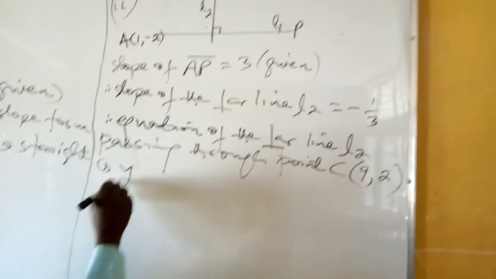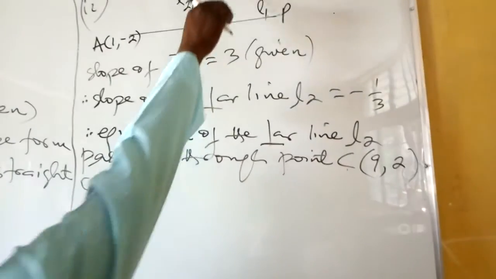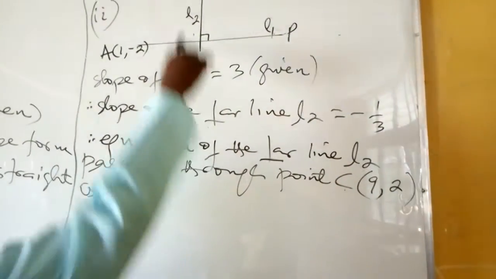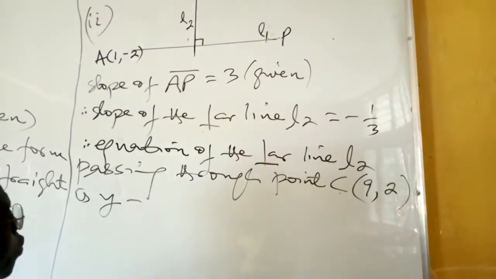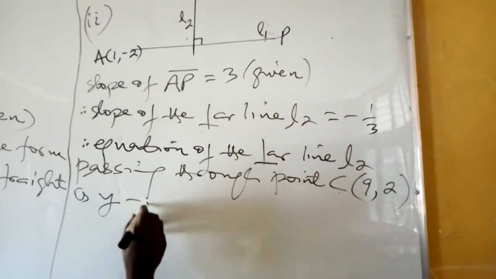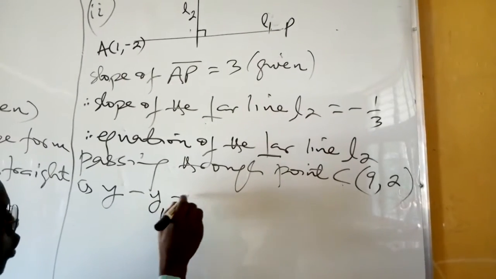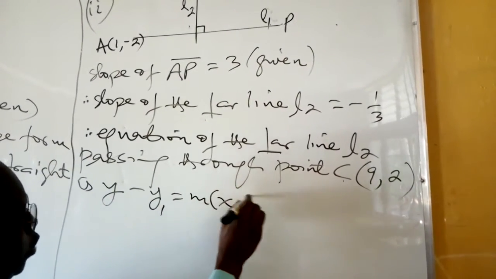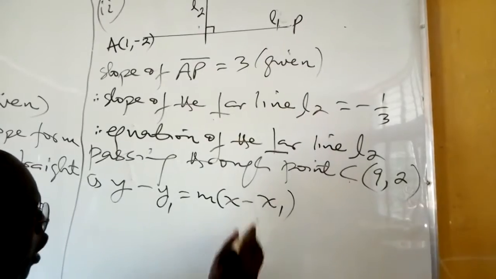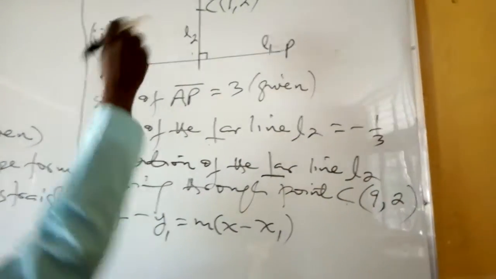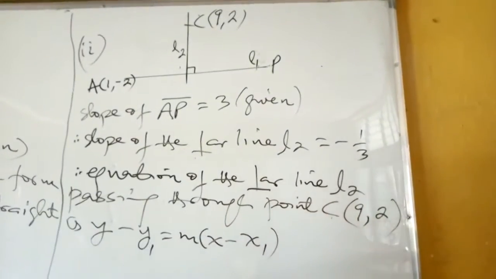y. Again, we use the point-slope form, in the sense that we know the coordinates of one point, which is point C, and we know the slope of that perpendicular line L2, which is minus 1/3. Let me give you the formula first: y minus y1 equals m into x minus x1, where x1 and y1 are the coordinates of one point on that perpendicular line L2 that we know.